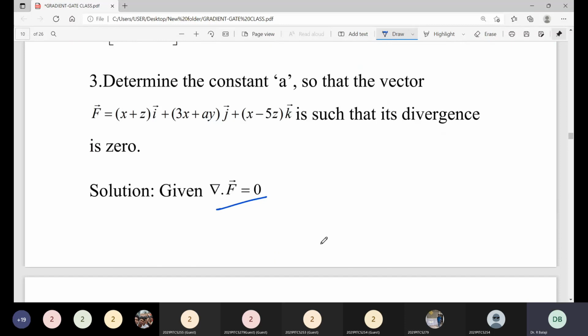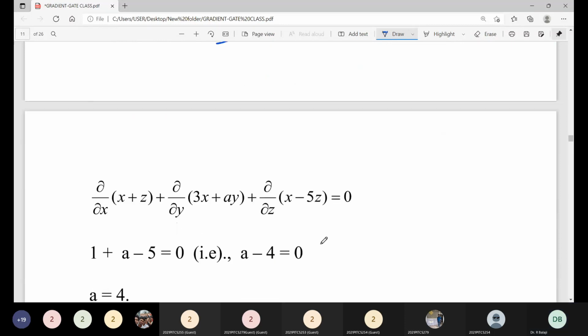So ∂/∂x of x plus z, ∂/∂y of 3x plus ay, plus ∂/∂z of x minus 5z. Here ∂/∂x is 1, then ∂/∂y of ay is a, ∂/∂z of minus 5z is minus 5. So 1 plus a minus 5, that is a minus 4 is equal to 0, therefore a is equal to 4.